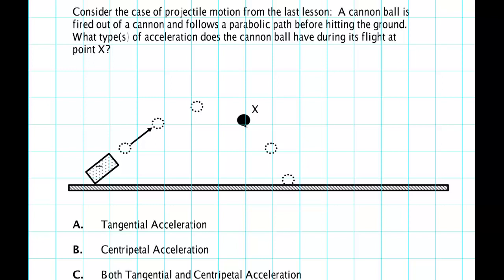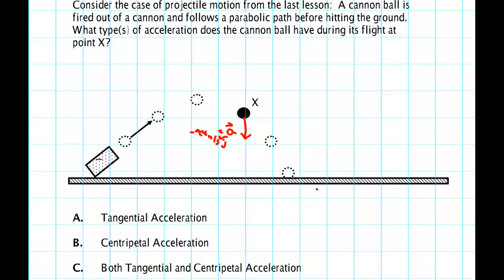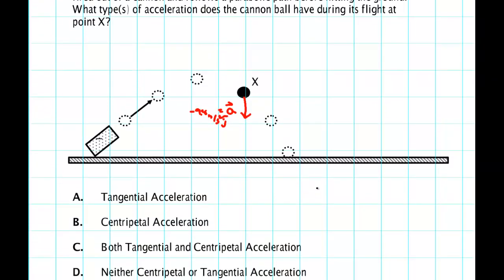Previously we just chose to point the acceleration down like that, and we said it's minus 9.8 meters per second squared in the j hat direction. But now I want to consider it in polar form.